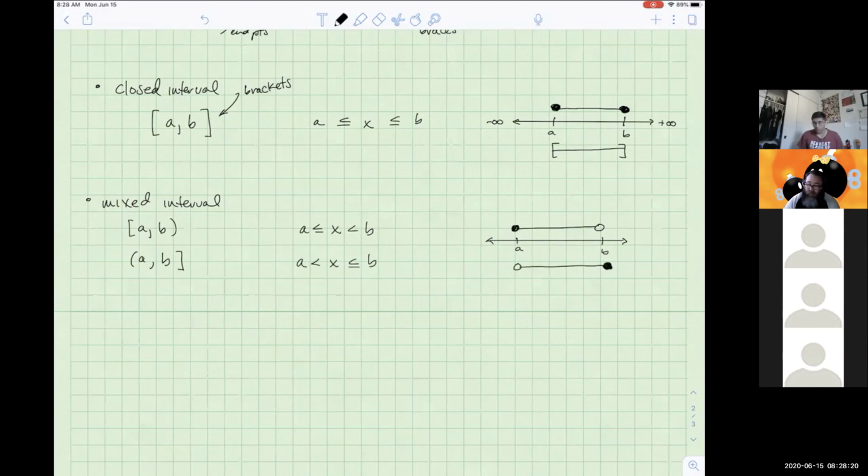So in the top one here, we include the left boundary, but not the right boundary. And in the bottom one, we include the right boundary, but not the left boundary. So this is a combination of open and closed, which is why it's called mixed.